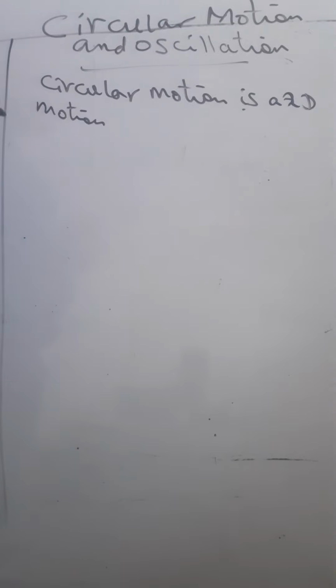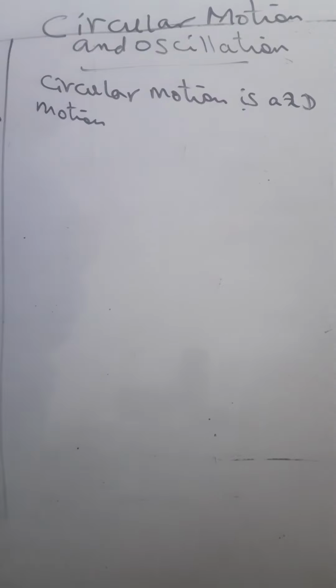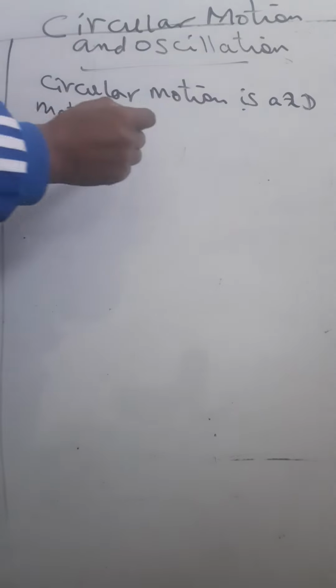Circular motion is a two-dimensional motion. The moving body follows a path made of a set of points equidistant from a fixed point called the center.